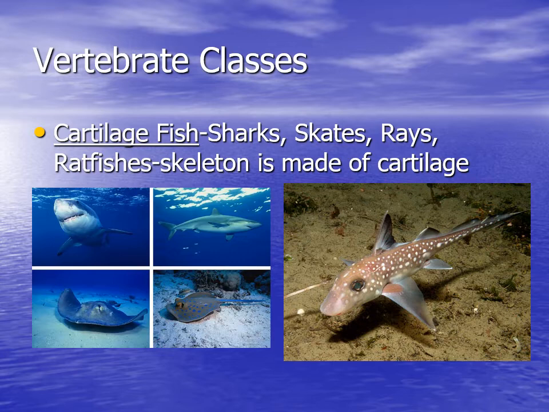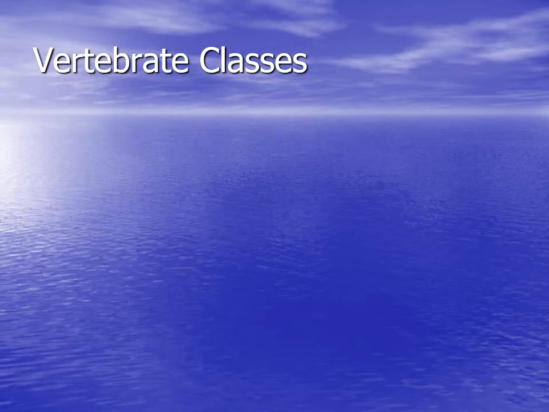It gives the ability for their skeleton to bend more. We're going to be spending a lot more time talking about these type of fish a little bit later on, but just basically the general idea right now that they actually have cartilage for their skeleton. Sharks and the stingrays and the ratfish pictured over towards the right are the biggest examples of our cartilage fish.